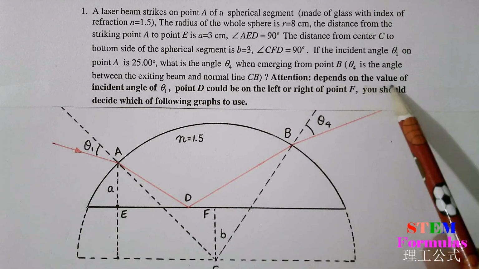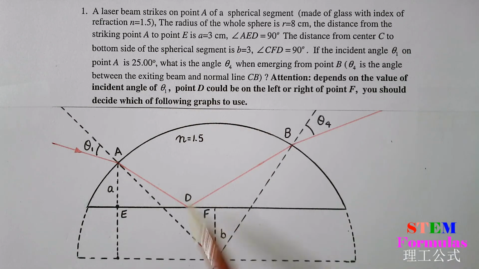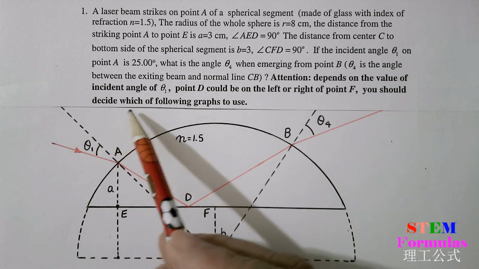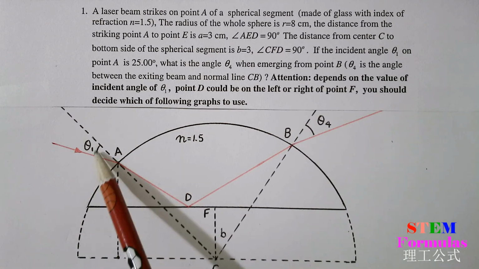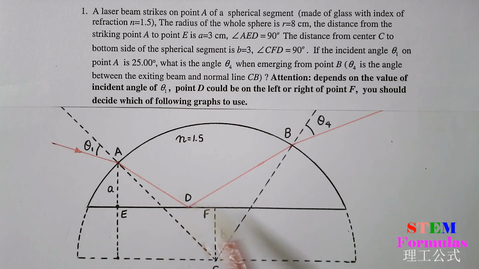Attention: depending on the value of incident angle θ1, point D, this point B, could be on the left or right of point F. You should decide which of the following graphs to use. So this is one graph. If this angle is larger, then point D would be on the right side of F. But if this angle is small, then point D would be on the left side of F. So there are two possibilities.